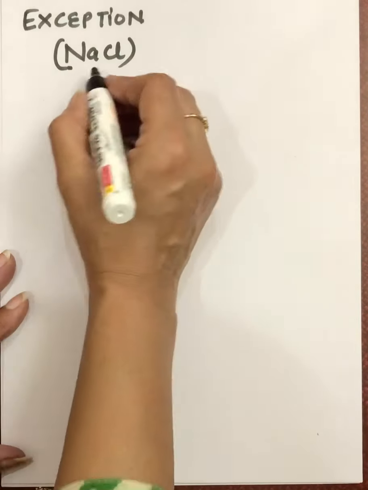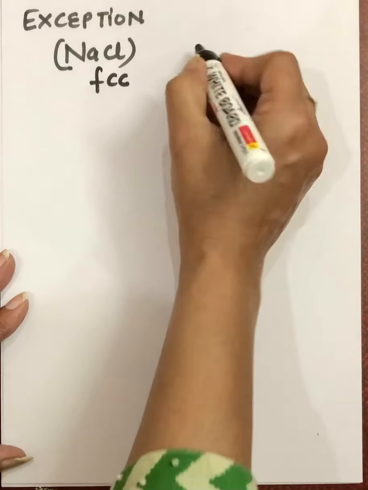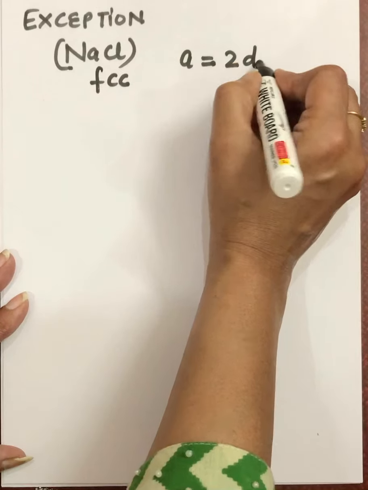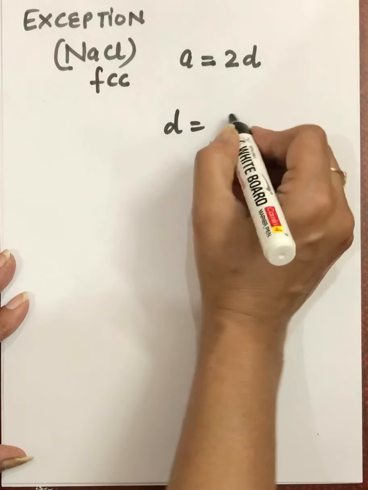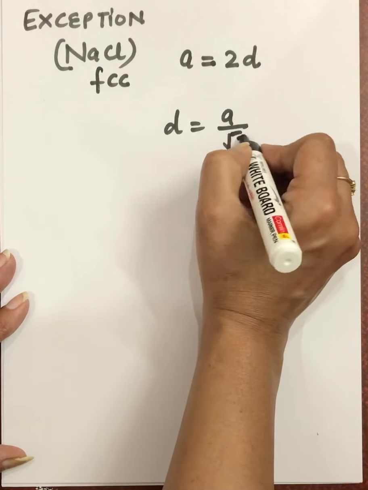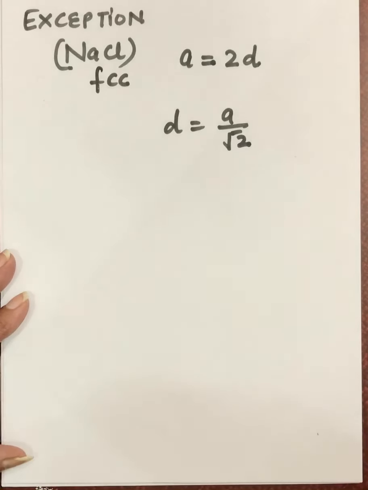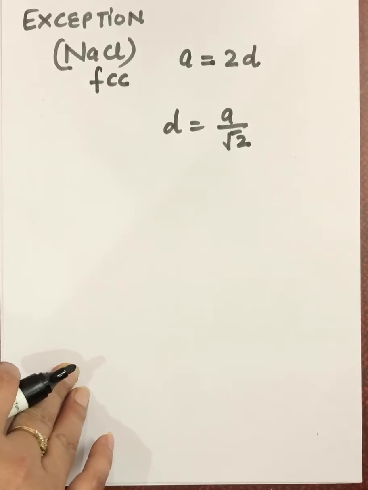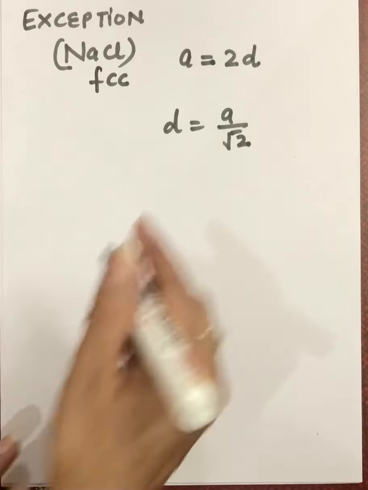In that case, this is FCC unit cell. So here A is equal to 2D. Otherwise, we have done D is equal to A upon root 2. That means A is equal to root 2 into D. But for NaCl, it is not root 2D. It is A equal to 2D.